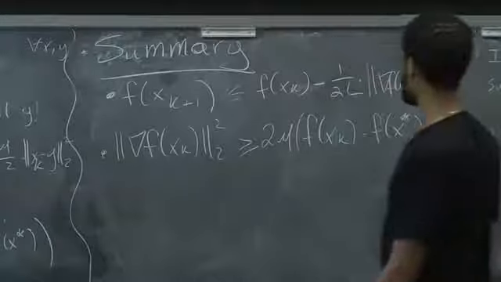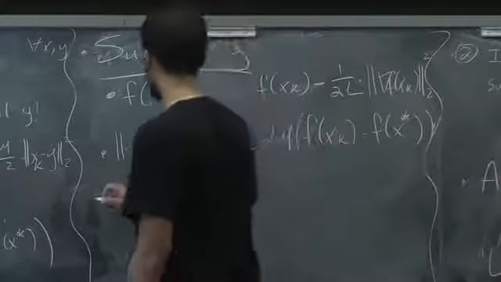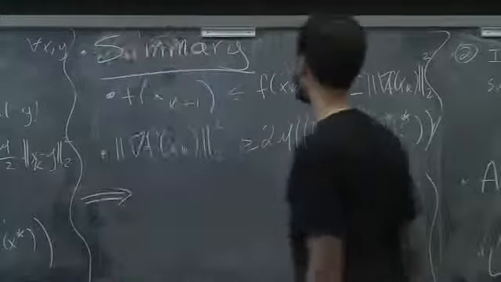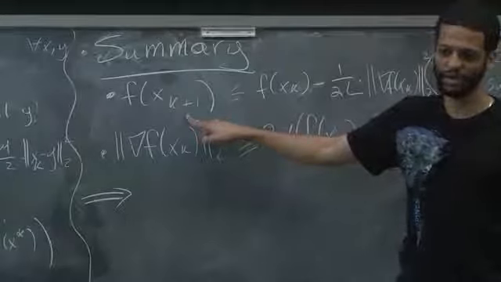So this implies, so what do we have here? What do I want to look at? I want to look at f of x_{k+1} minus f of x star, right?